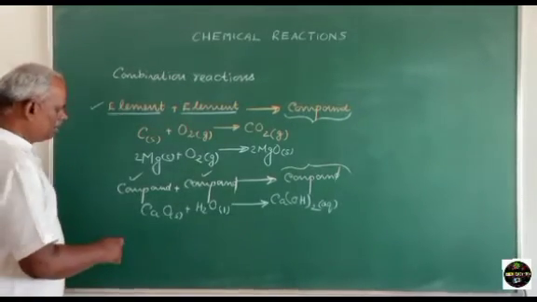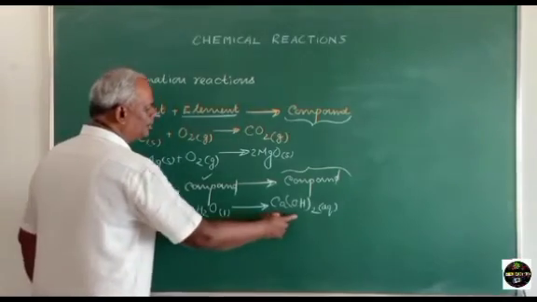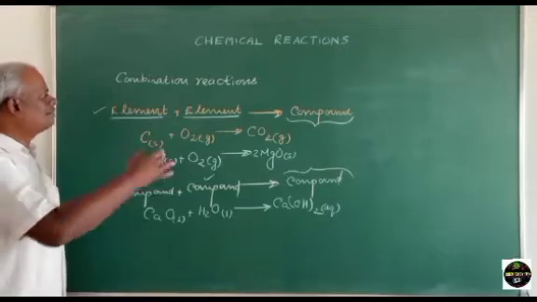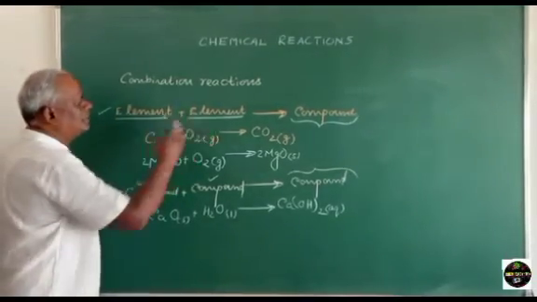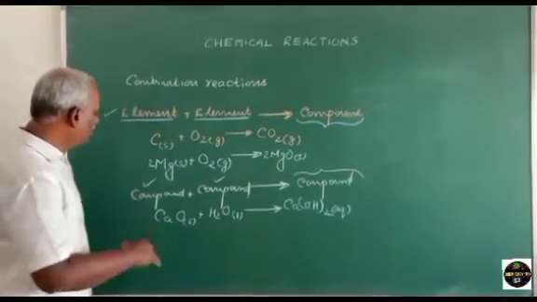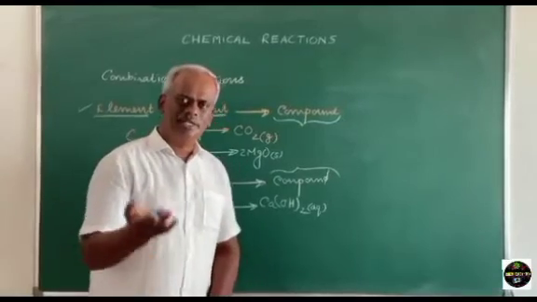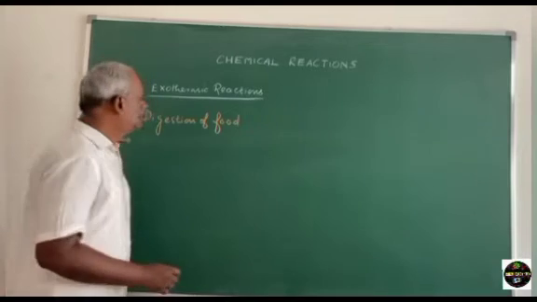The lime, on dissolving in water, gives calcium hydroxide. Lime water is formed. So these are the examples of combination reaction. Category 1, in which element is combining with element. Category 2, in which compound is combining with compound. Is there any other chance? Yes, there are some more. We are going to discuss them.